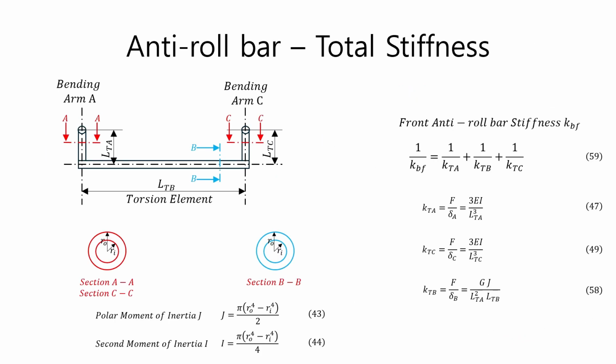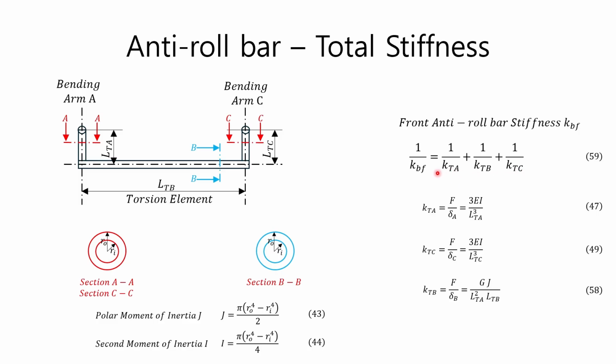So far, the stiffness kTA of bending arm A, the stiffness kTb of the torsion element, and the stiffness kTc of the bending arm C can be combined to obtain the overall stiffness kBf of the front anti-roll bar. As explained above, since these three elements are connected in series, not in parallel, the stiffness values should not be added to calculate them, but their reciprocals should be added, as shown in equation 59.